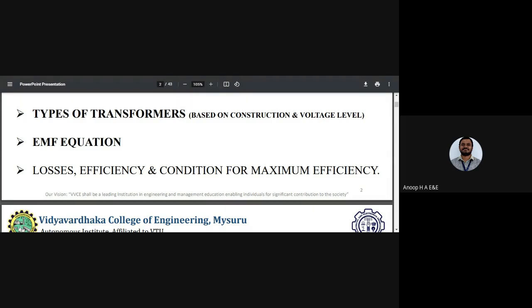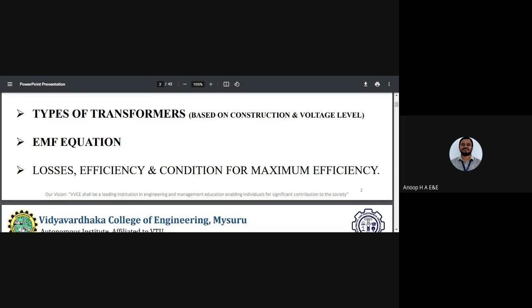Next, we have the condition for maximum efficiency, which involves the iron losses and the copper losses. First, we'll discuss what those losses are, and next we'll discuss the condition for maximum efficiency in a transformer. After that, we will be going ahead with three-phase induction motors, and I'll start three-phase induction motors in the next class if possible.